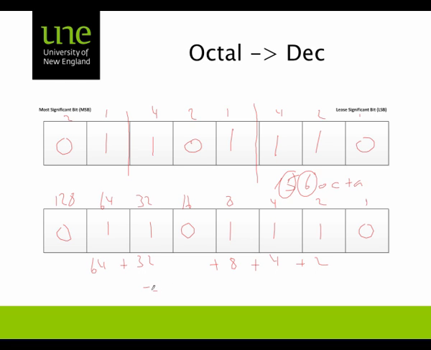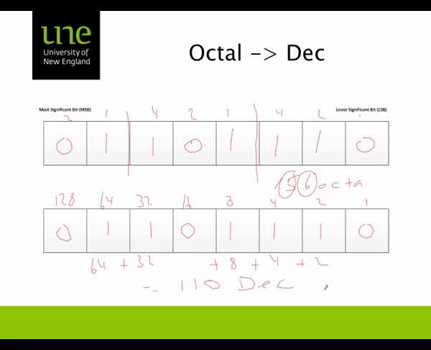And that equals 96 plus 8 is 104 plus 6 is 110 decimal. So that's how we represent numbers in octal and how we convert numbers from octal to decimal.